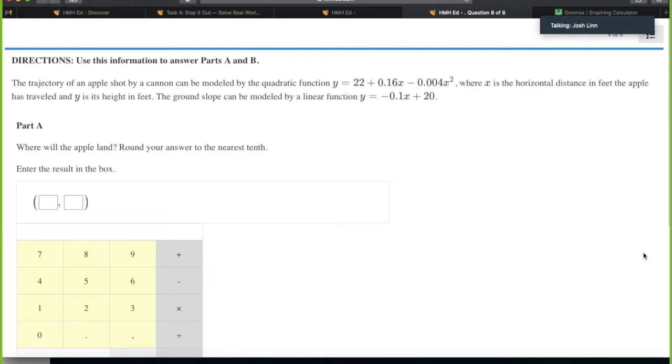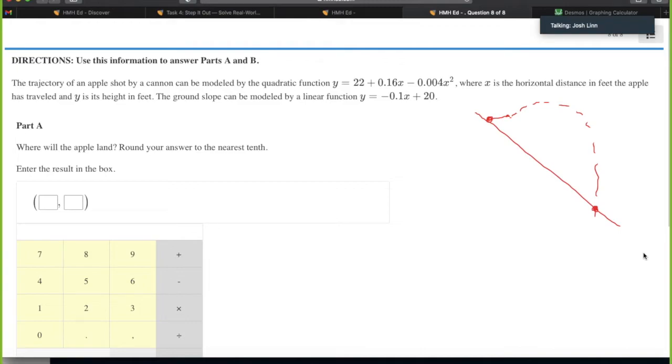Where will the apple land? Round your answer to the nearest tenth. So, to do a rough sketch, it looks something like this. You've got your cannon right here, and then your apple is a parabola that starts from your cannon. So we want to find that point right there.